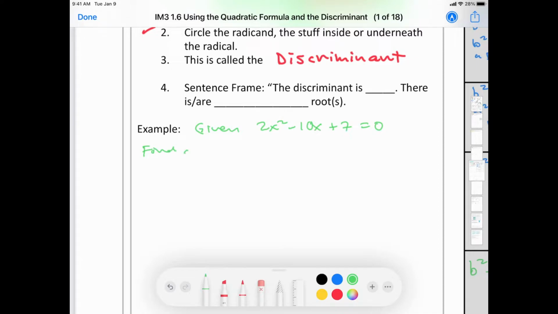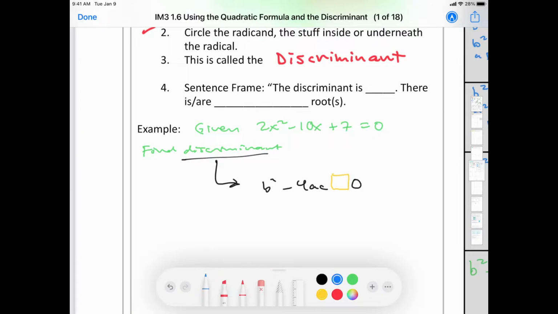Find the discriminant. Okay, this one we just need our formula, b squared minus 4ac. And then we're going to put an inequality in this yellow box.